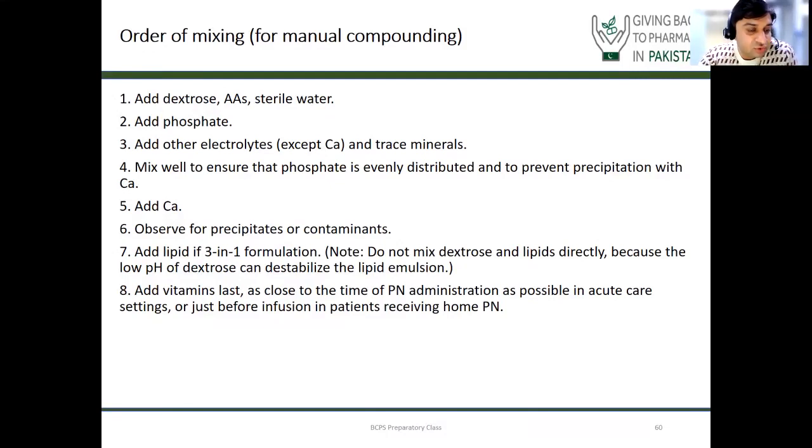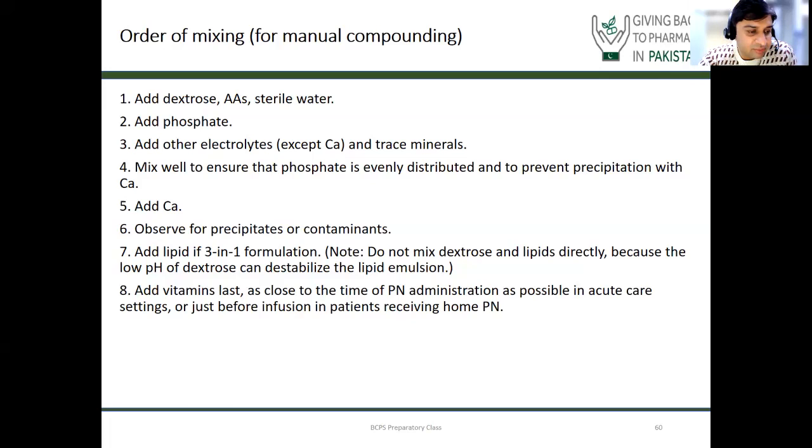Now what will you do? You will add other electrolytes. For example, you'll give dextrose, D5NS or saline or other electrolytes, potassium, and then trace elements. The fourth step is to mix these gently and evenly, and observe for any visible precipitation.